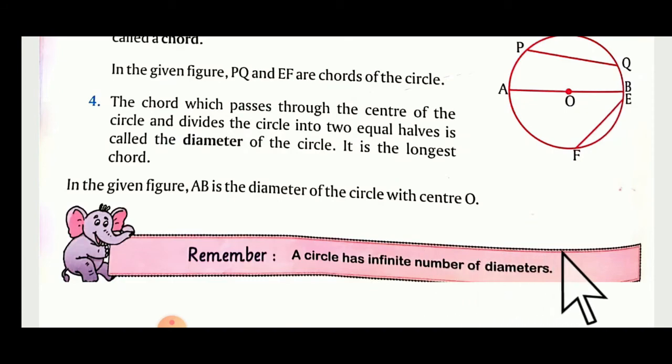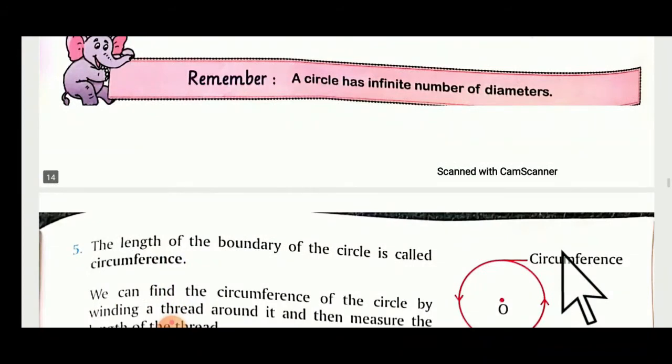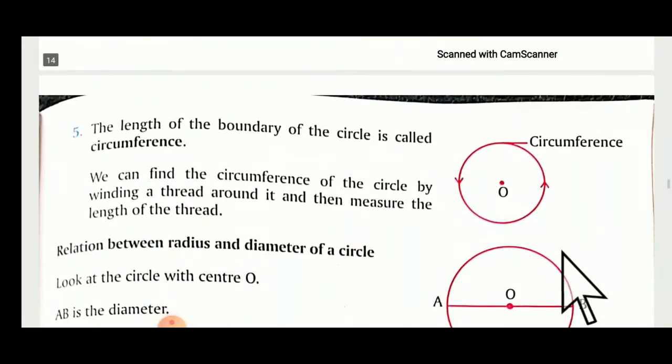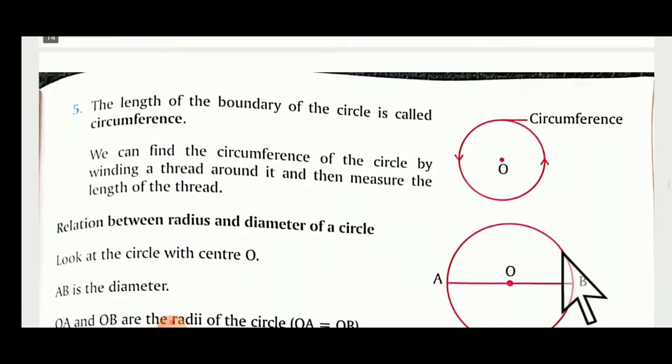Yes, in a circle we can draw many symmetrical lines. That means we can have more number of diameters also. The length of the boundary of the circle is called circumference. See, the outer line, red color, we call it the circumference.